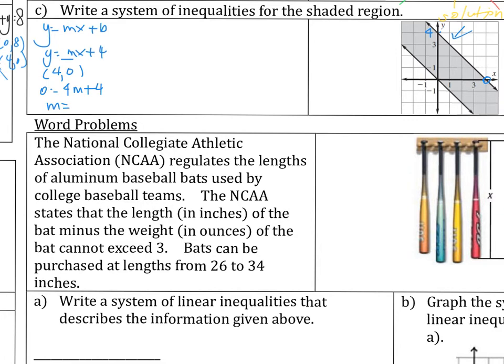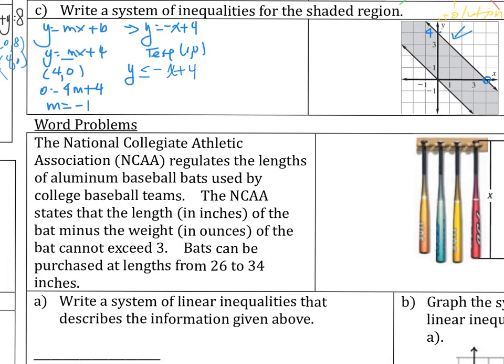My slope will be -1, and so the boundary line here will be y equal to -x plus 4. And now I need to test the point 0, 0 to see if it's a greater than or equal or less than or equal sign for this inequality. y less than -x plus 4.